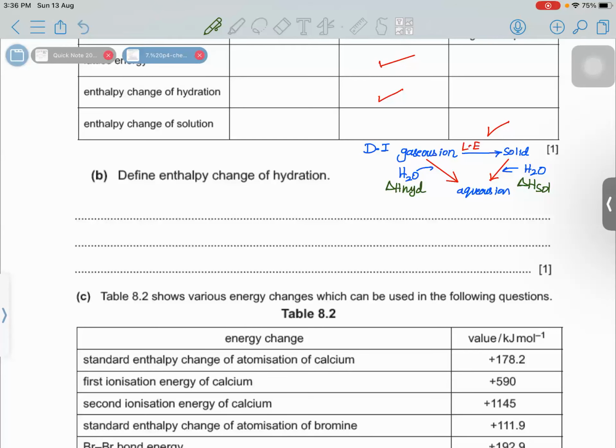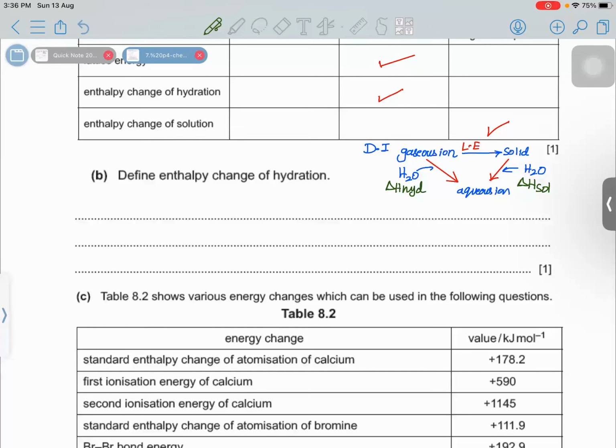Okay. Can you tell me the definition of hydration? It's when water is added to gaseous ions to form aqueous ions. Can you repeat?